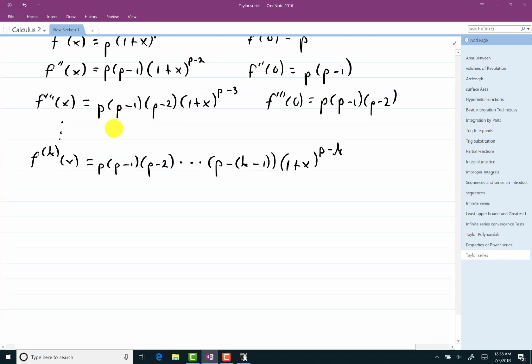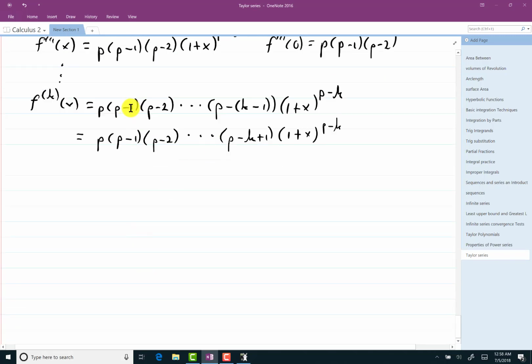And you may think of writing it like this, p times p minus 1 times p minus 2 until you get to p minus k plus 1 times 1 plus x to the p minus k. Hopefully this is enough to see what it's going to look like when I do 1 plus x to the p as an infinite series.